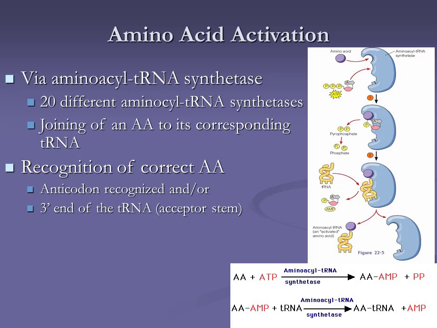Most amino acids will require 1. Those 3 are going to have 2 of these synthetases with which they can attach an amino acid to a transfer RNA. Okay? That's how you're going to get the specificity of linking the correct amino acid with the correct transfer RNA. It's not a one-stop shop.